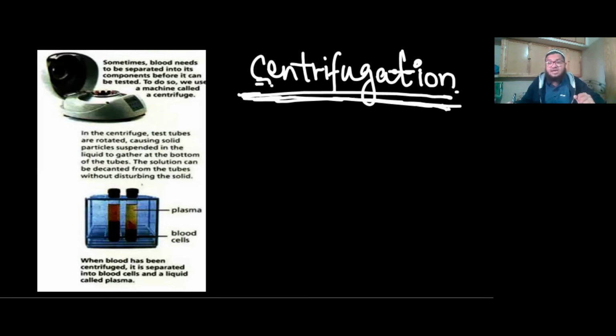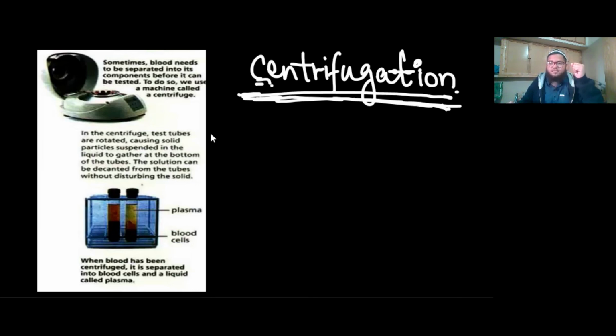That causes the denser part of the blood, meaning the blood cells, to settle down at the base. And that's how we separate out different components of the blood depending upon different densities.